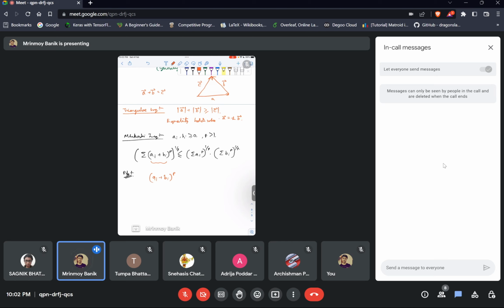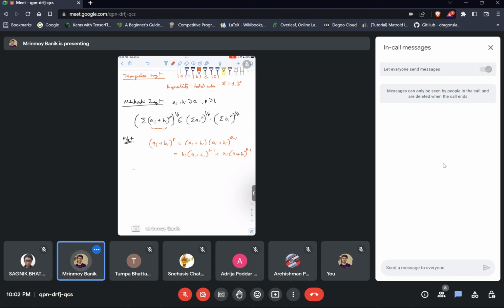We can write it by taking one ai plus bi common and multiplying it. Then we add up, summing i from 1 through n on both sides.